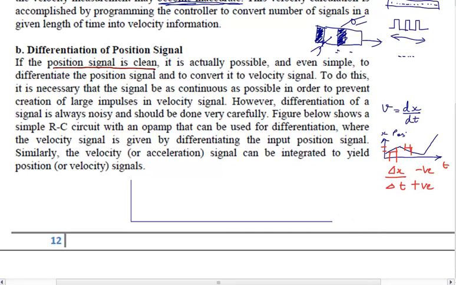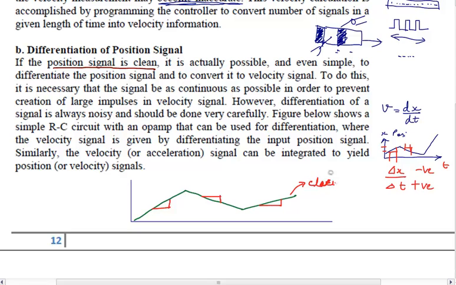If I take a signal which looks something like this, and then like this, and then like this, then everywhere I am going to take the slope. Here the velocity will be given by this delta x by delta t, and here by this delta x by delta t. Everywhere I am taking a slope. So the green one is a very clean signal.